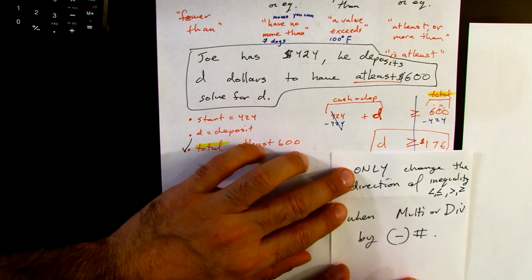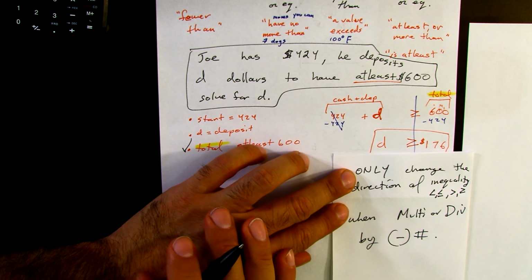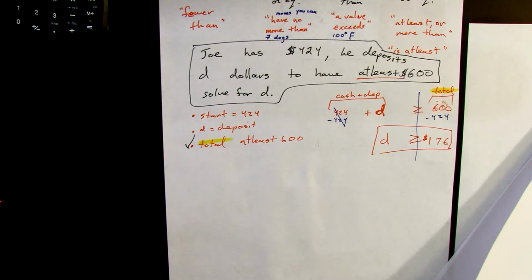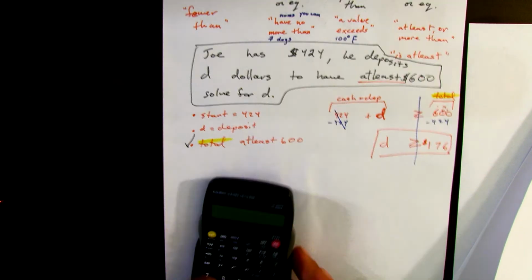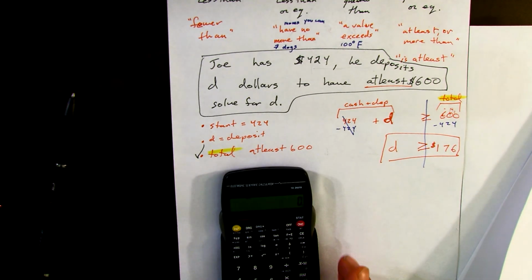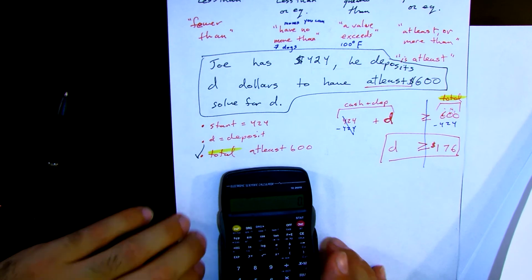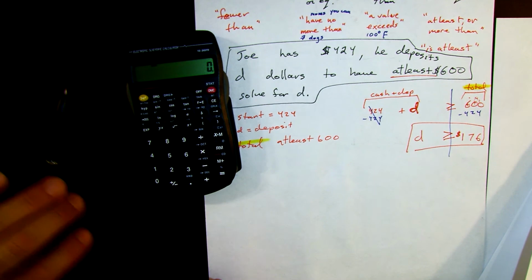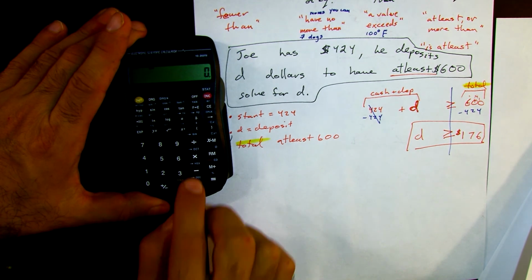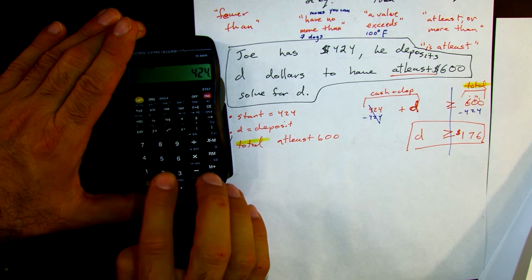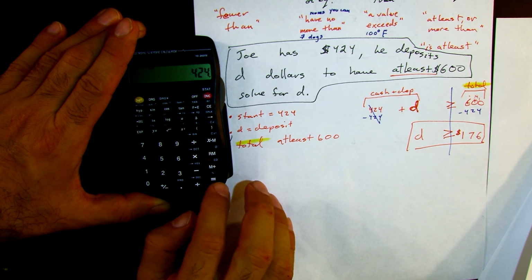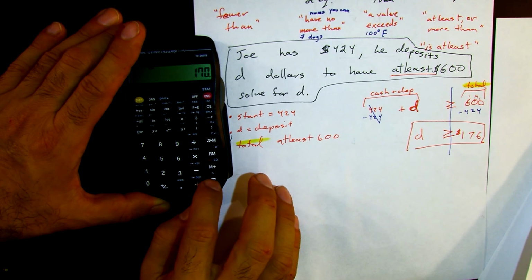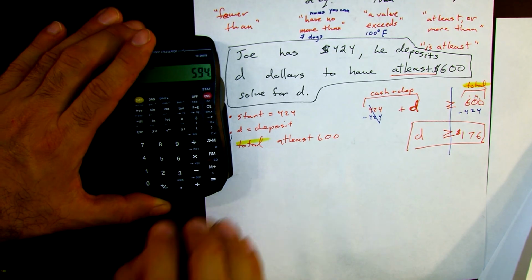All right, but we just subtracted 424. So when I subtract 424 from both sides, we end up with D is greater than or equal to 176. All right. So when I look at that, that's all that I need to cover. I can relax. Well, what would happen if we did not have 176? Let's just see what happens. What if I had my $424 and then I added to that, I only raised $170.